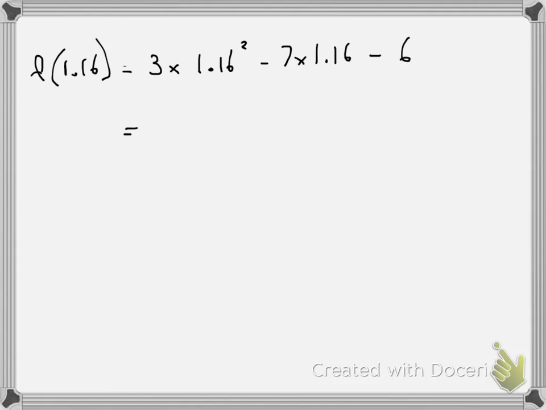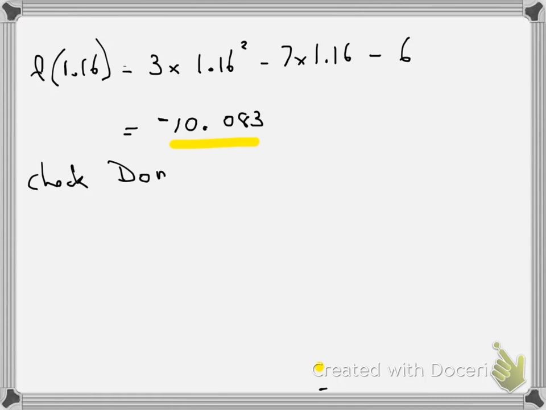So f of 1.16 recurring is 3 by 1.16 squared, take 7 by 1.16, take 6, and that will give me magic, -10.083. Now, if you didn't get the same answer as me, guess what? You're wrong.